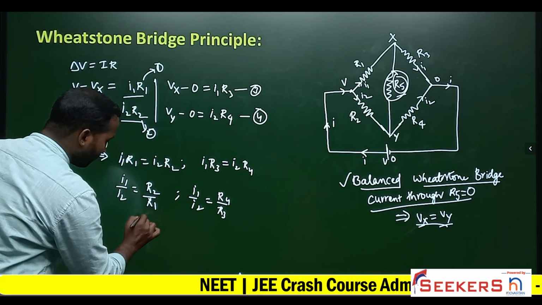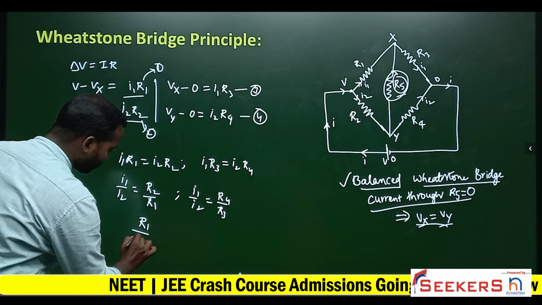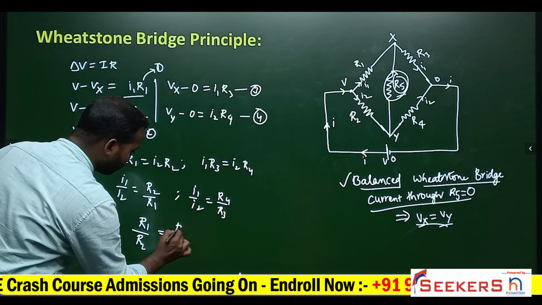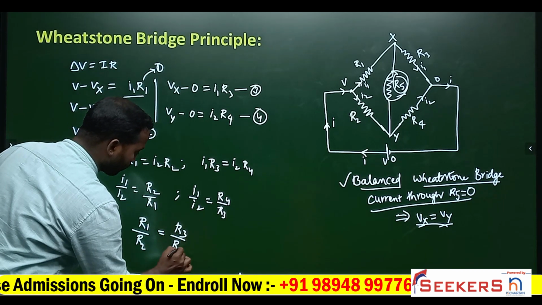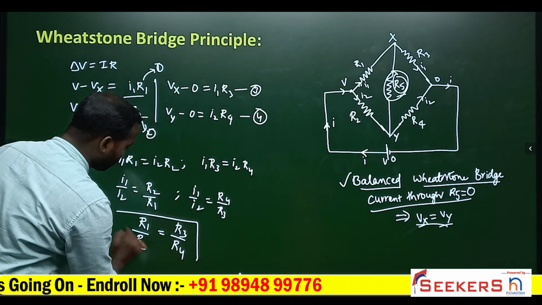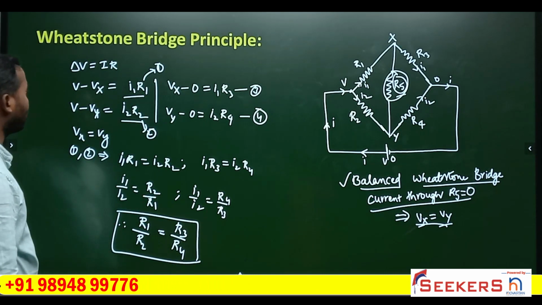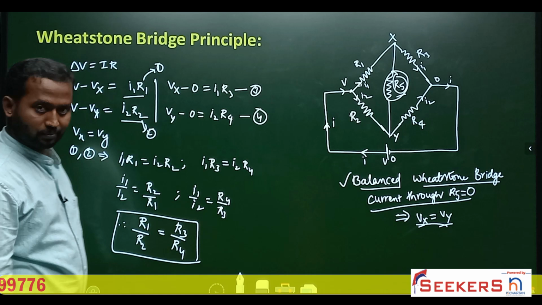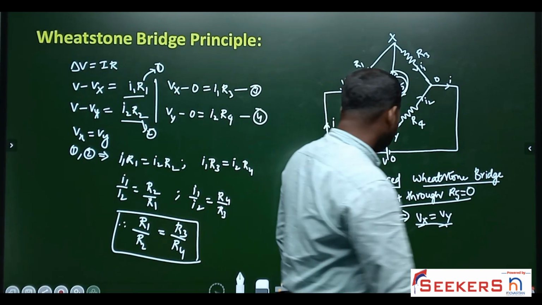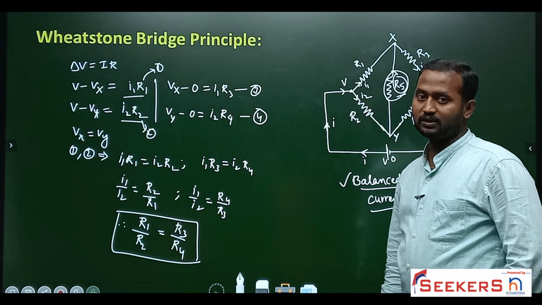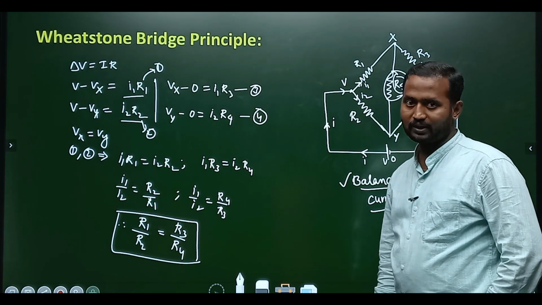So I can say R1 by R2, I am inverting it, R1 by R2 is equal to R3 by R4. This is the condition for a balanced Wheatstone bridge, and this is a very important question for board level, which will be given for 5 marks or 3 marks. So with this we have completed the current electricity chapter. We are going to see the next chapter in the next video. Okay, thank you.